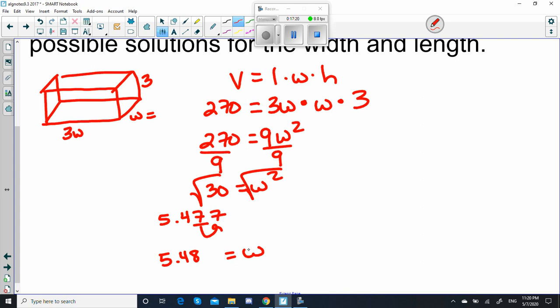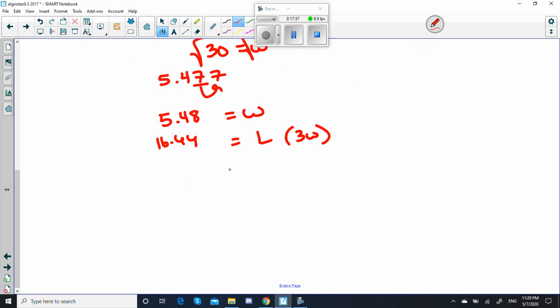And then my length was 3W. So 3 times 5.48-ish is 16.44. And then we already knew that the height was 3 because it told us that in the problem. So these would be my answers.